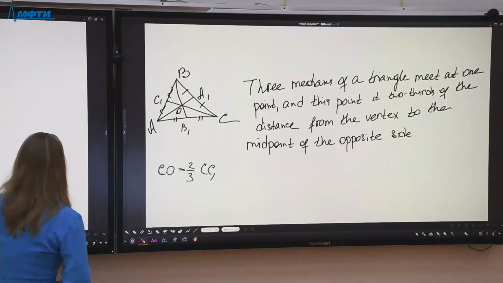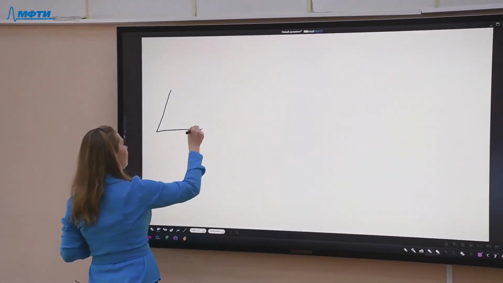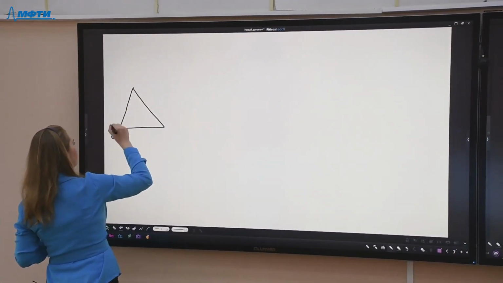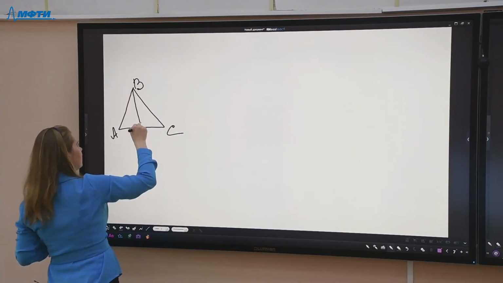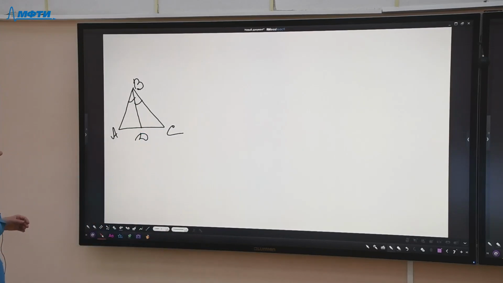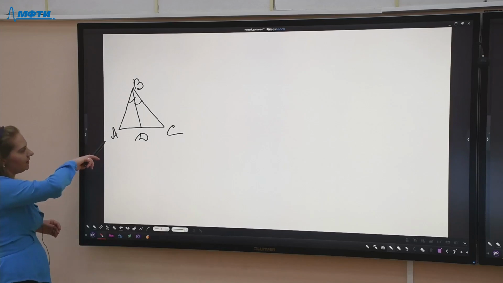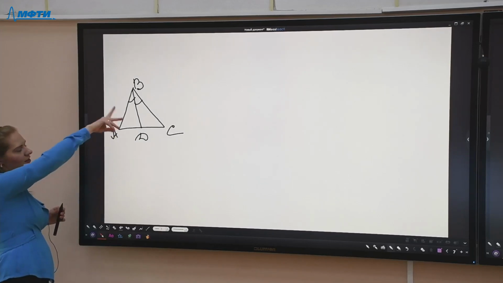And if we consider a bisector, in triangle ABC, and this is BD, and BD is the bisector of triangle ABC. We can say that this bisector divides AC proportionally to the adjacent sides.